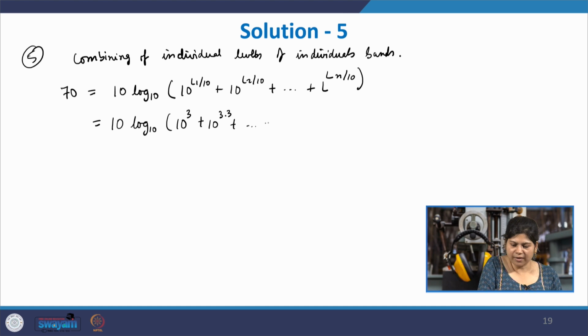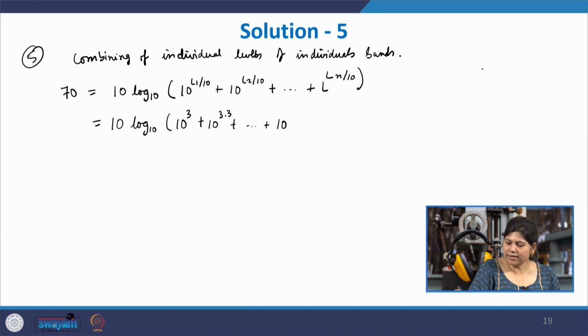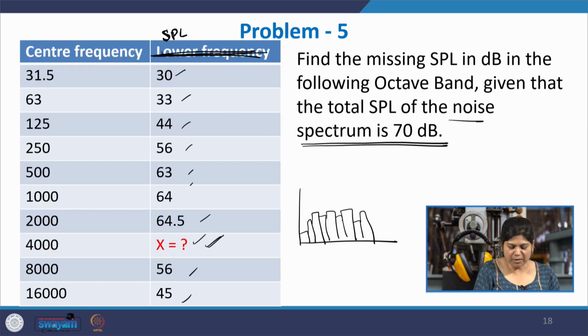Then in the middle we have one more term, 10 to the power, let us say this is capital X, then let us say small x is capital X by 10, then 10 to the power X by 10 would become 10 to the power small x. So, this term comes as 10 to the power small x, till the last term you will be summing up, which is 10 to the power 4.5.